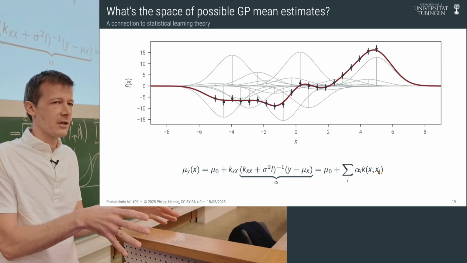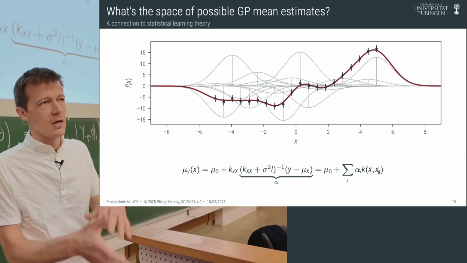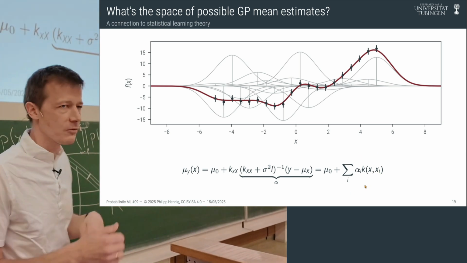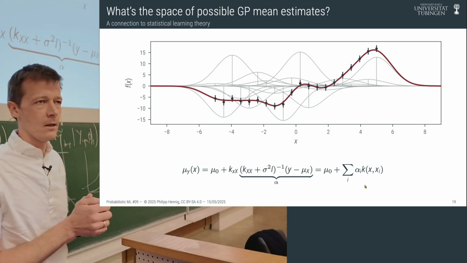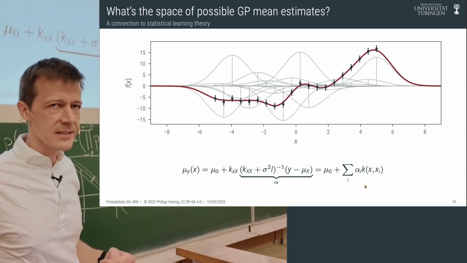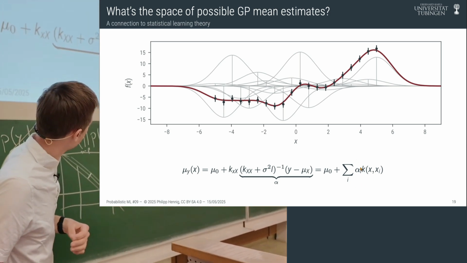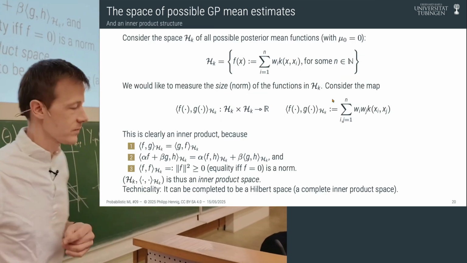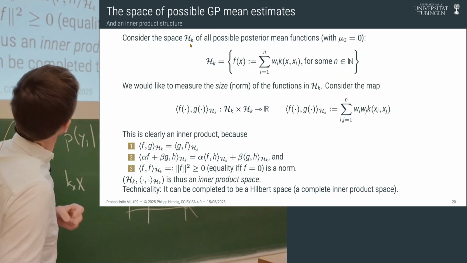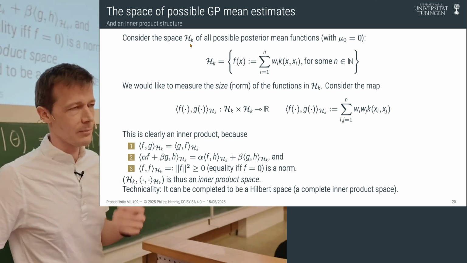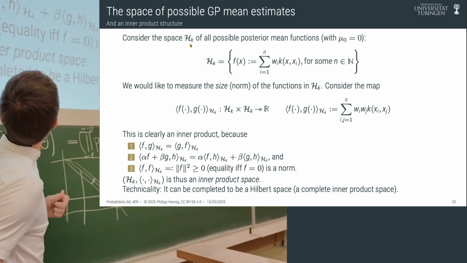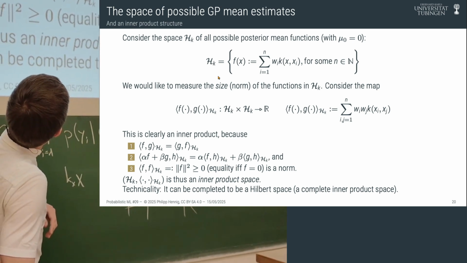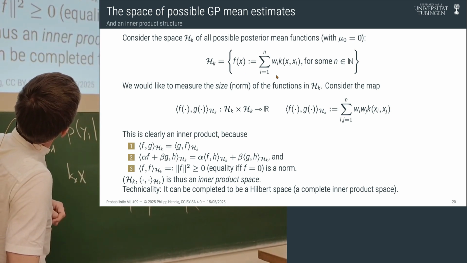All posterior mean functions, no matter how I choose the kernel, and no matter what the data set is, will have this algebraic form. There will be a weighted sum of kernels. So the space of functions addressable in this way is the space of functions that look like this. What does that space look like? So first of all, let's give a name to that space. It's called H. There's going to be a reason why it's called H. It's nothing to do with my last name. So the space of possible posterior mean functions looks like this.